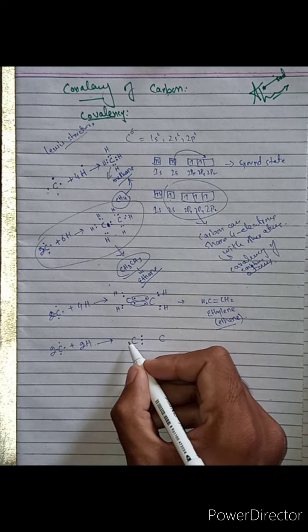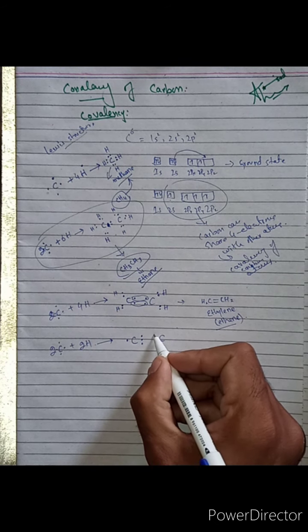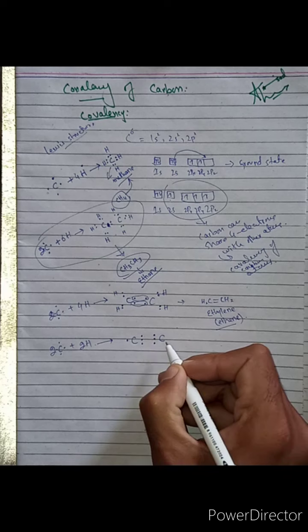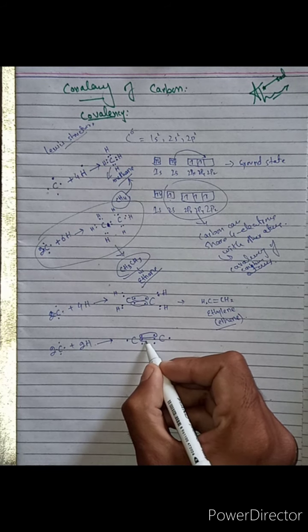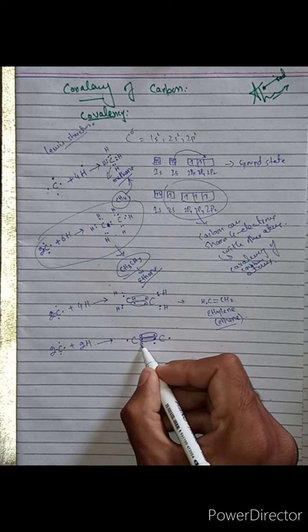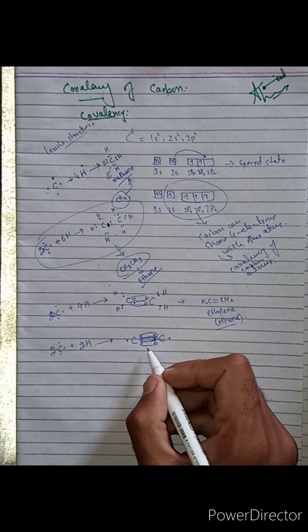Three electrons of this carbon, and one is here. In this carbon also, one electron, one electron, one electron, and one electron is that. So these atoms will share these electrons by covalent bonds.